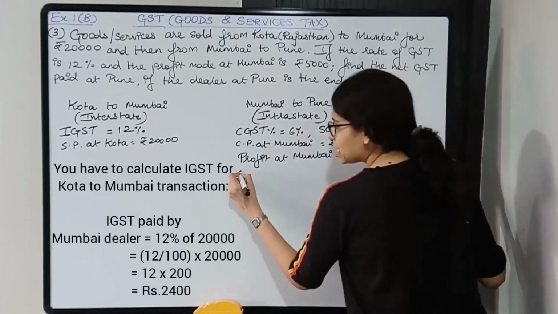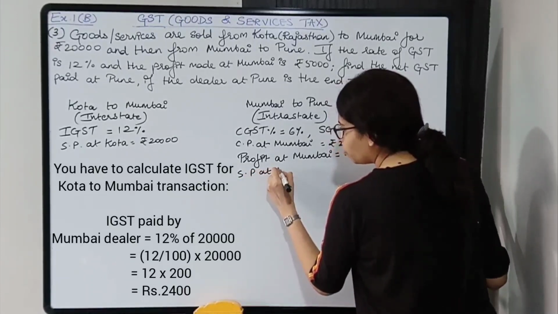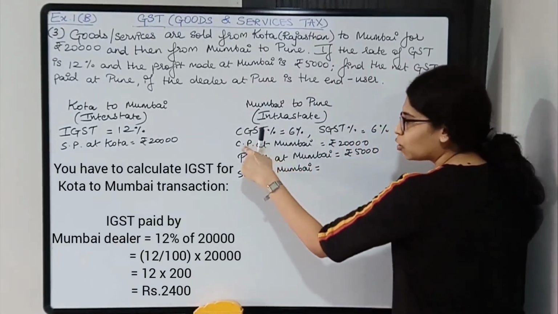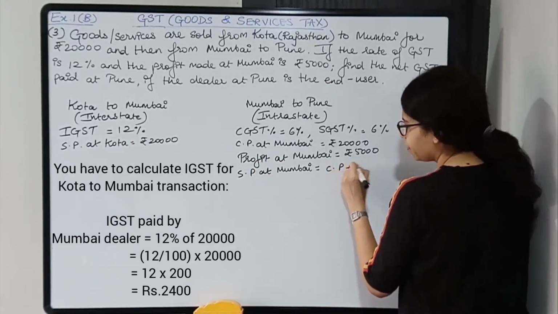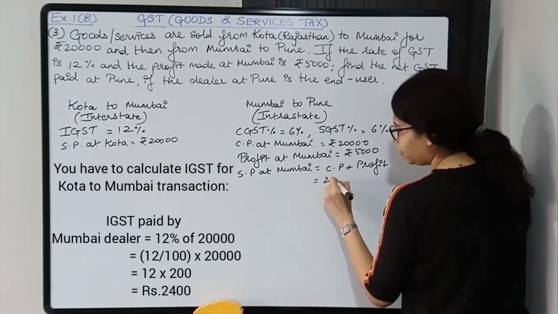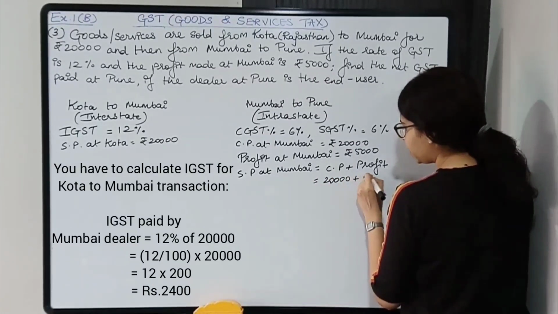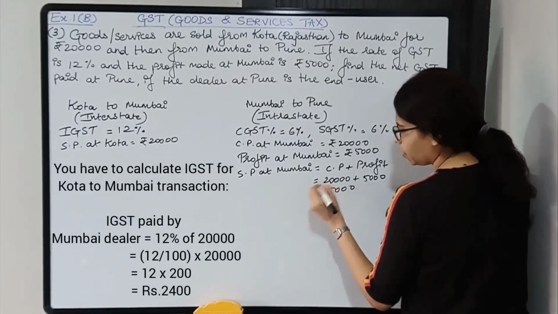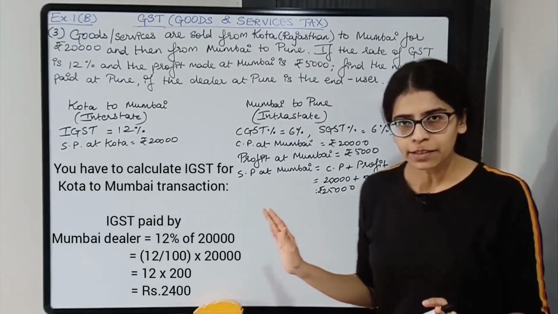So what will the selling price at Mumbai be? It will be the cost price plus profit. So that is 20 plus 5, which will give 25,000. Alright, I hope this part is clear to you.